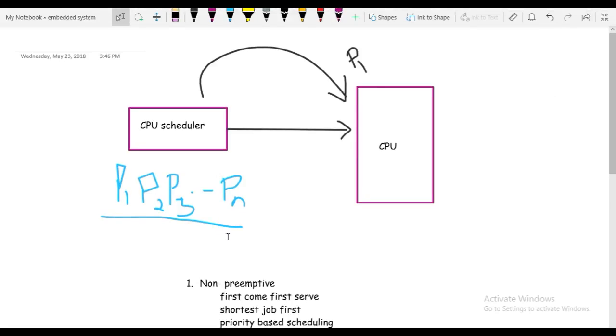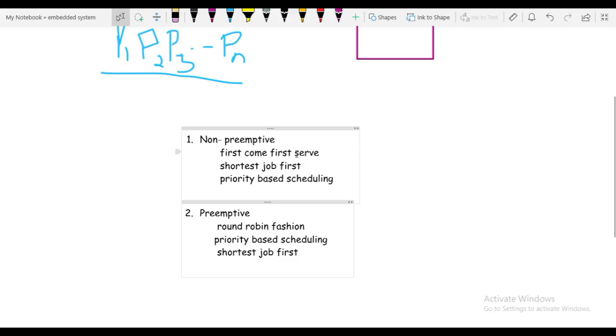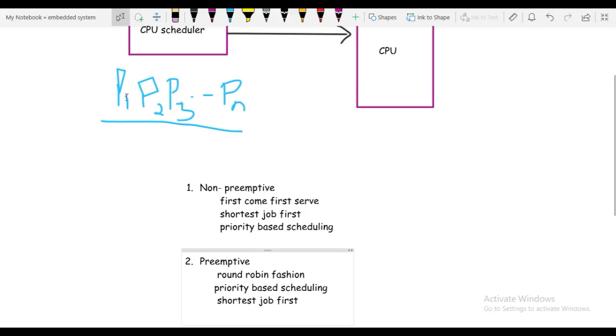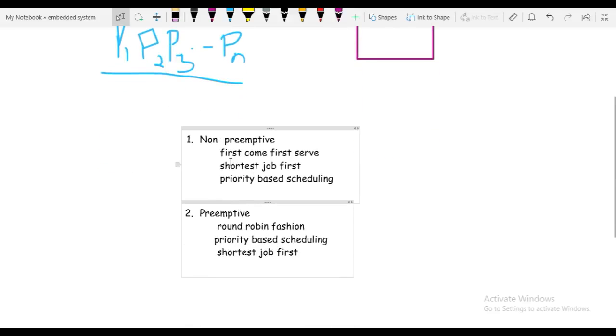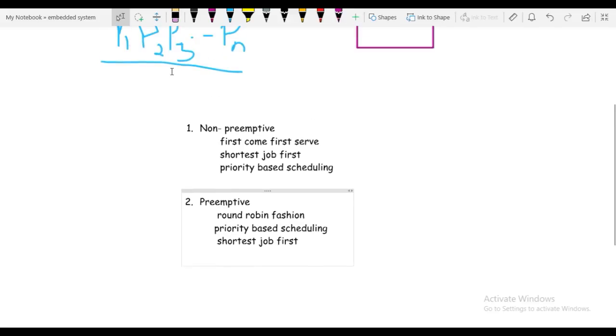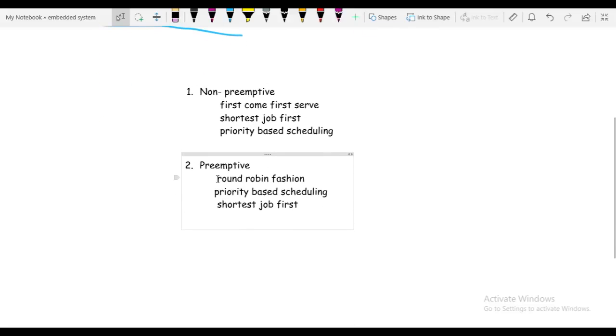The CPU scheduler selects the process from these appropriate cases, that is first come first serve. The selection of process could be by the one which has arrived first, or the one whose execution time is short, that is shortest job first, or the one with the highest priority, or it could be in round robin fashion, but this round robin fashion is only in the preemptive version.